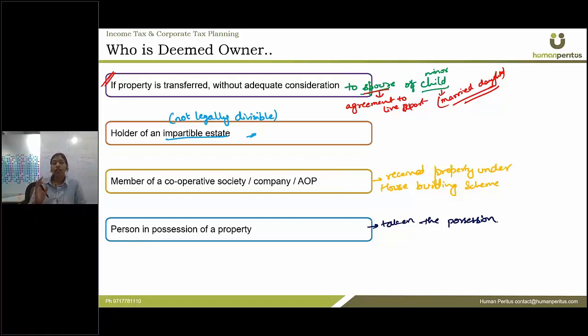In that case, the person who is in possession of that property will also be considered the deemed owner.